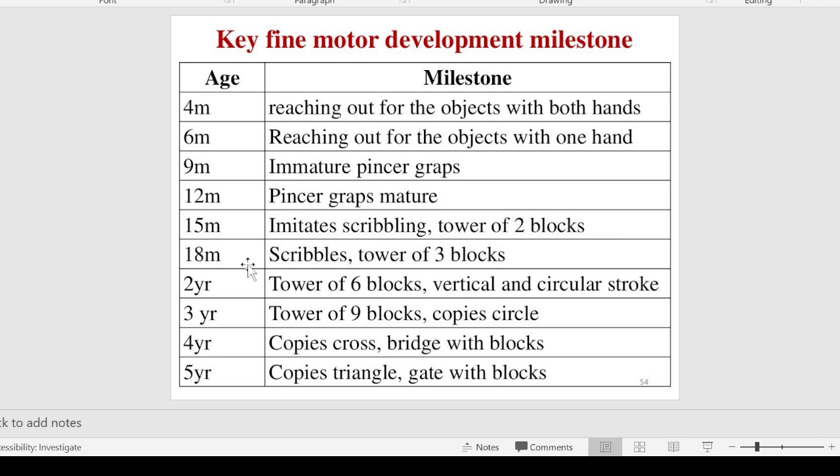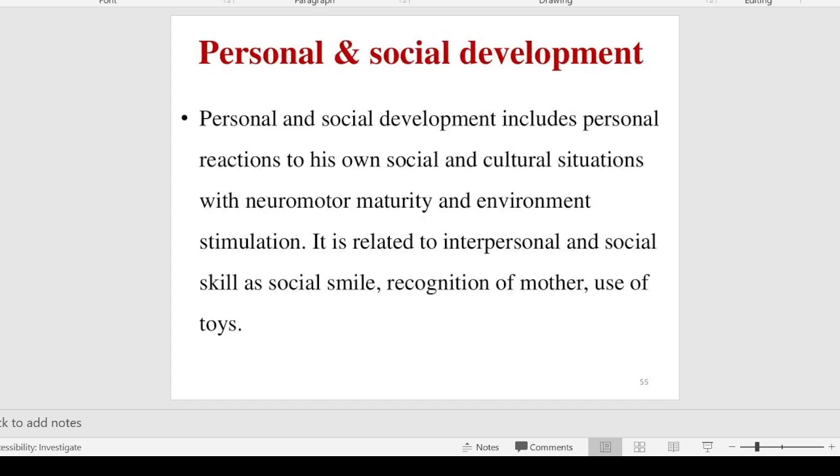At 18 months, scribbles and builds a tower of three blocks. At 2 years, tower of six blocks and vertical and circular strokes. Third year, tower of nine blocks, copies a circle. At 4 years, copies a cross, and a bridge with blocks. By 5 years, copies a triangle and a gate with blocks. That means he can rotate the hands and fingers in any direction. So that is about fine motor development.